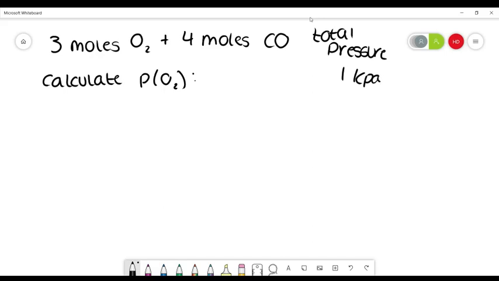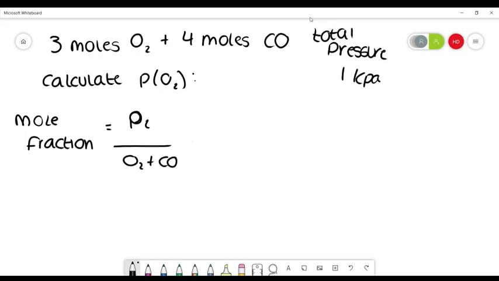To work out the partial pressure, we will first calculate the mole fraction, which equals O2 over O2 plus CO, which equals 3 over 3 plus 4, which equals 3/7.